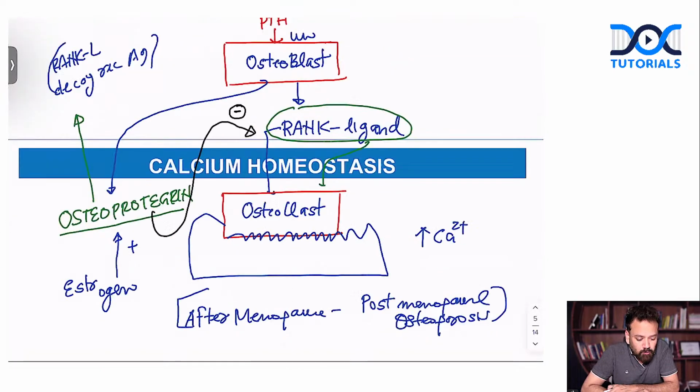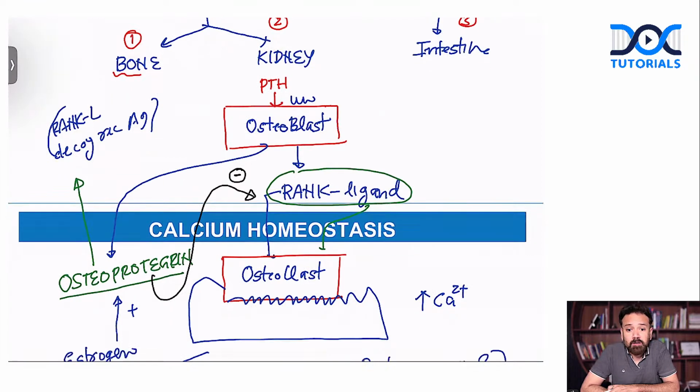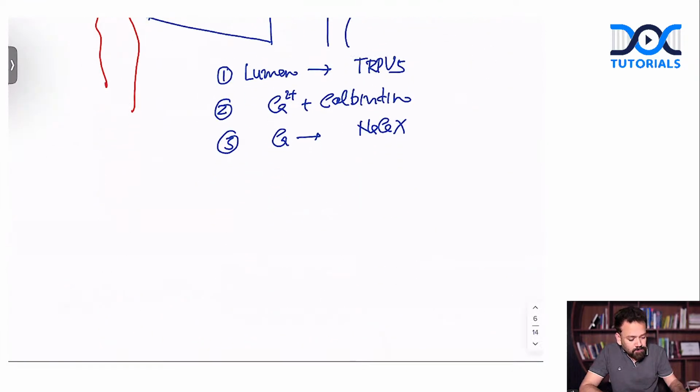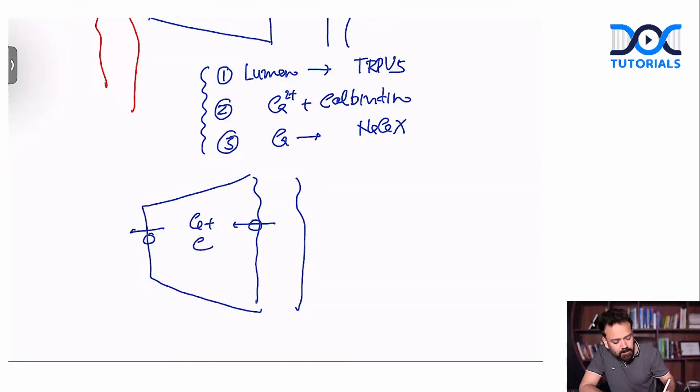So just now I have told you that on the bone and kidney, parathormone has direct action. In the intestine, it has indirect action. Why am I telling you this? Because in the intestine also, these are the common pathway. In the intestine also, there is again a sodium calcium exchanger.